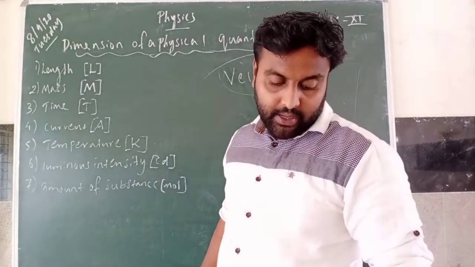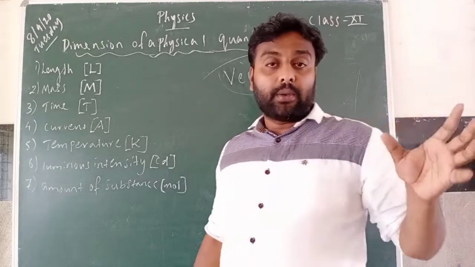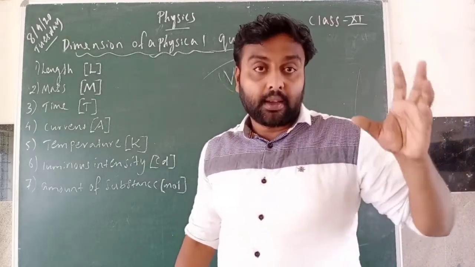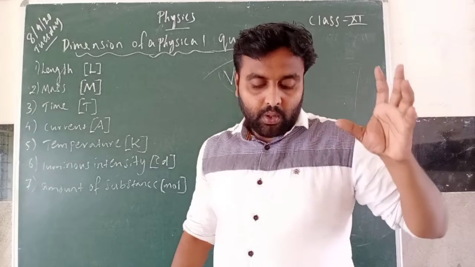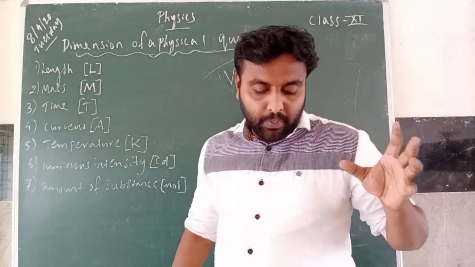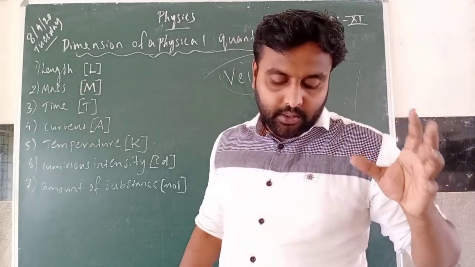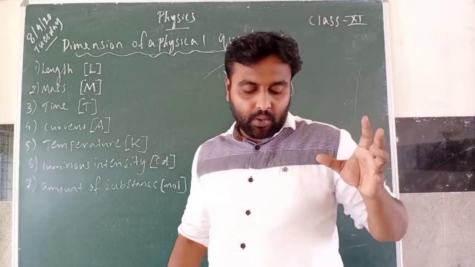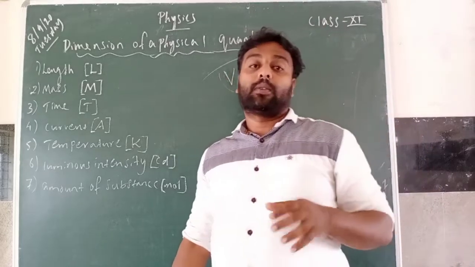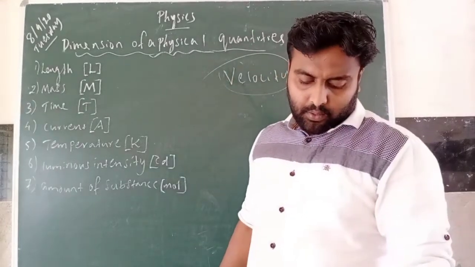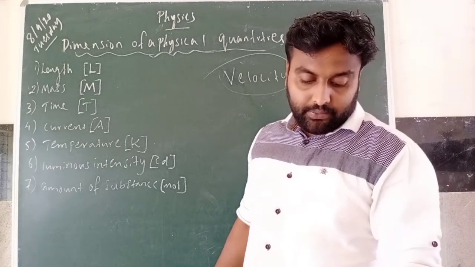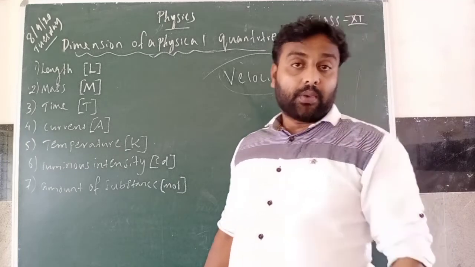Page number 29: the dimensions of a physical quantity are the powers to which the units of base quantities are raised to represent that quantity. So on page number 29 you can see the definition of the dimension of a physical quantity.